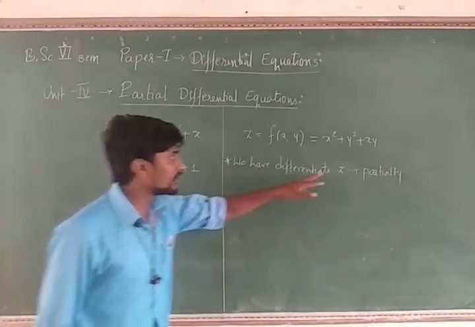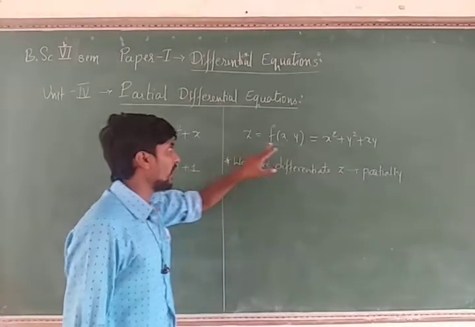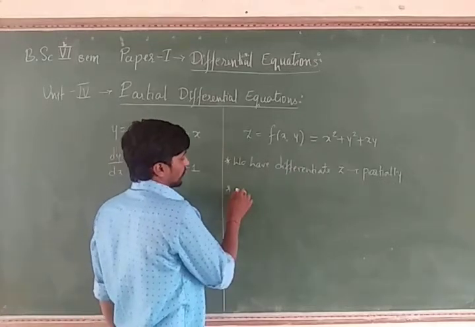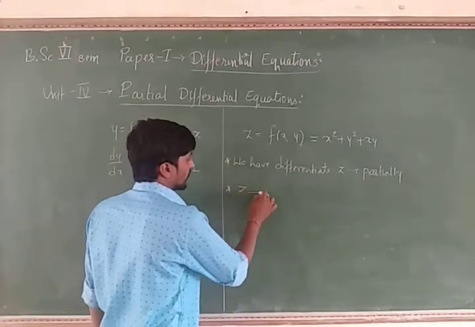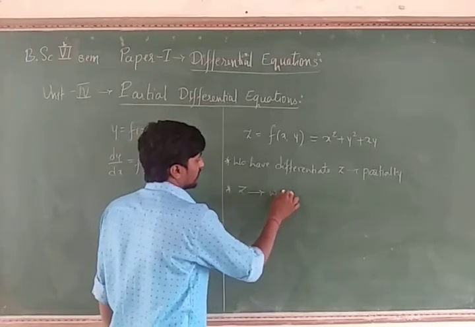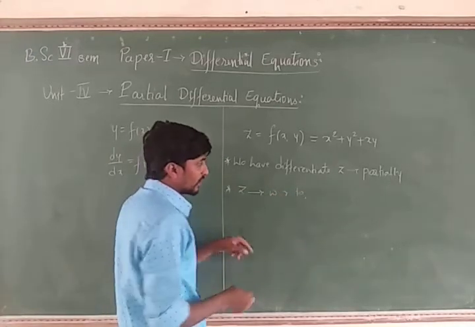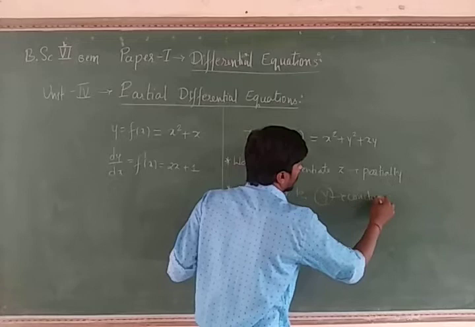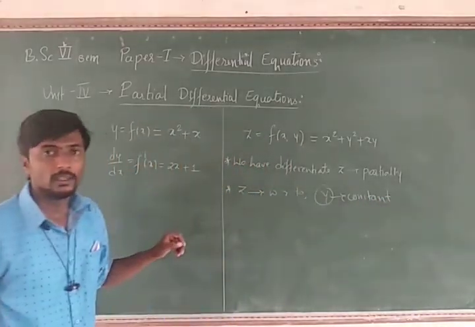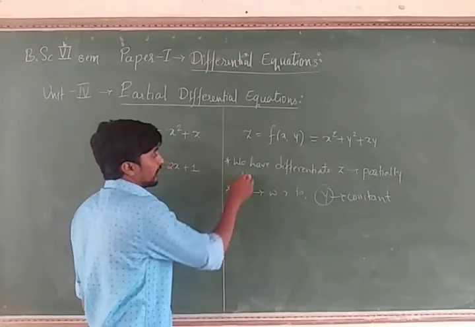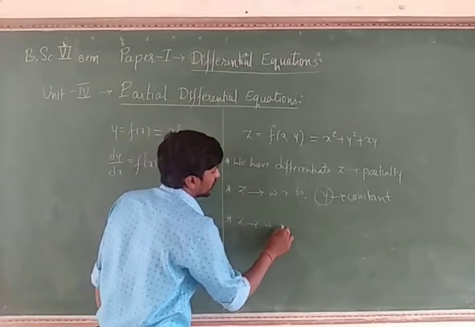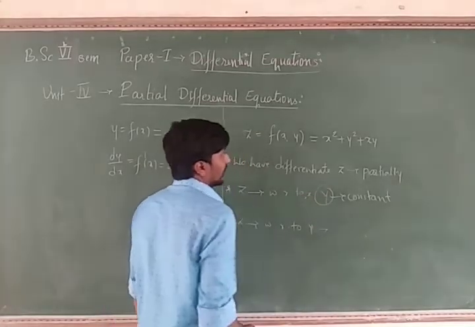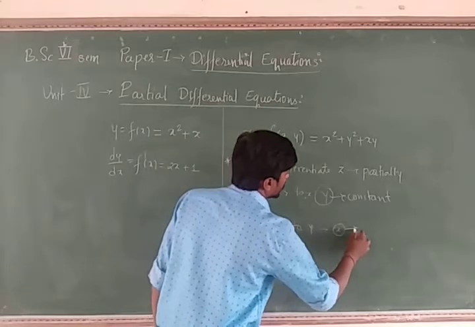Partial differentiation means that when we are differentiating z with respect to x, we have to treat y as a constant. And if you want to differentiate z with respect to y, then x is treated as a constant term.